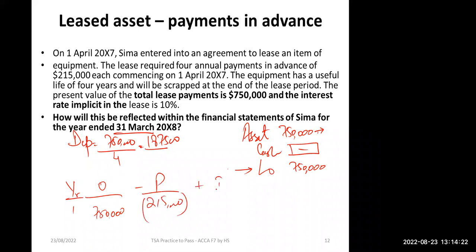Then interest will be charged at 10%, which is 53,500. And the obligation at end will be 588,500.